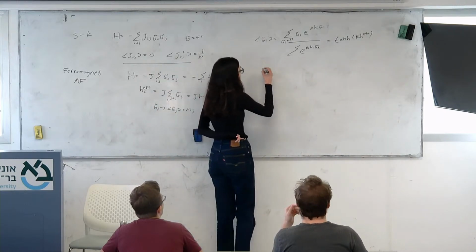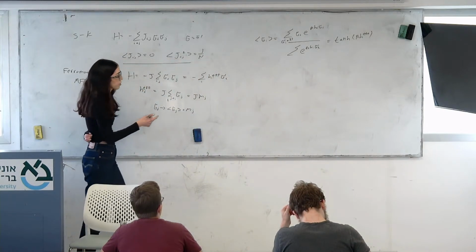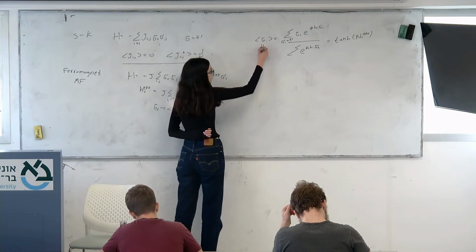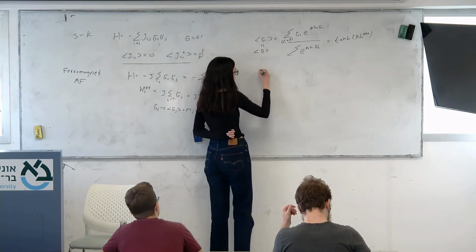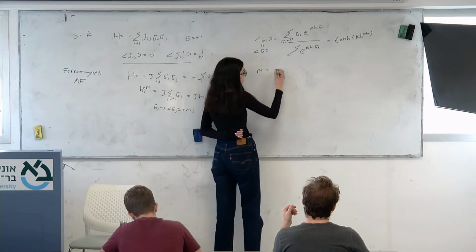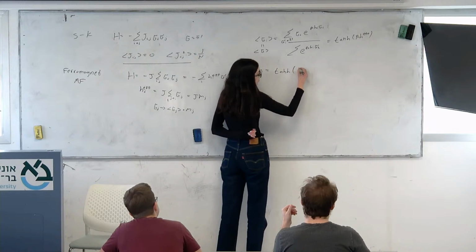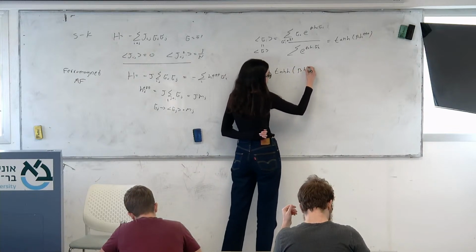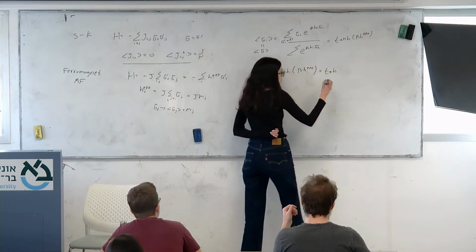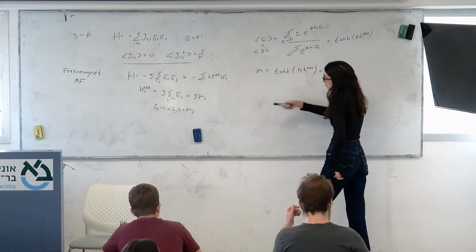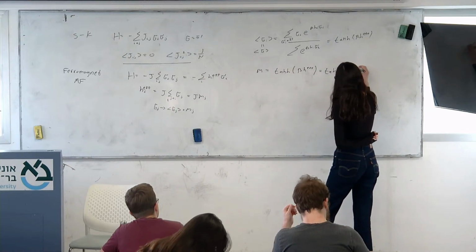So this gives us overall that the average spin in the system, and because the system is all symmetric, this is just the average spin in general. So the average spin m is equal to the hyperbolic tangent of beta h effective, which is what we wrote here, beta J m.